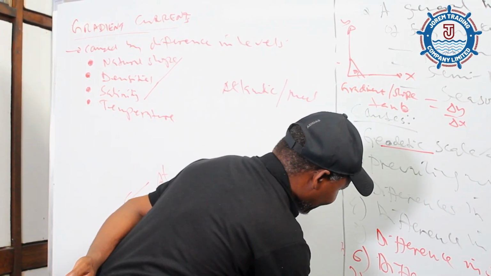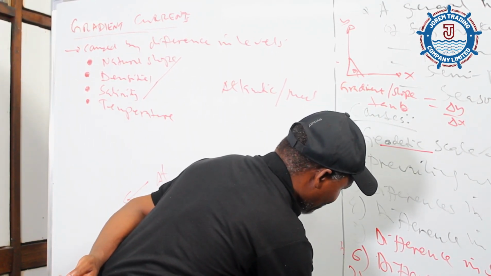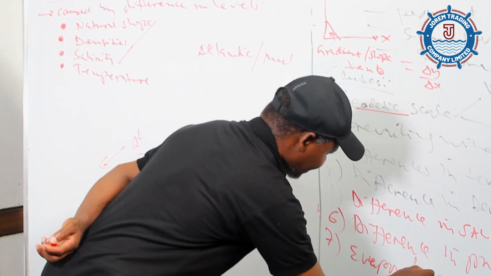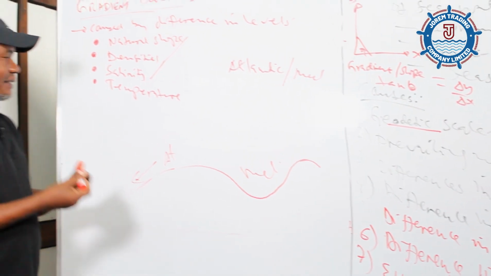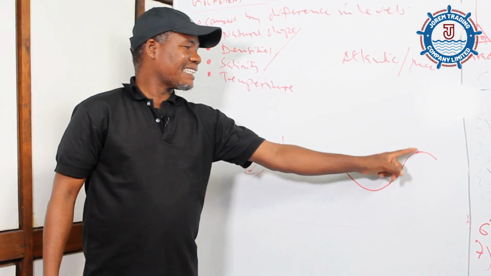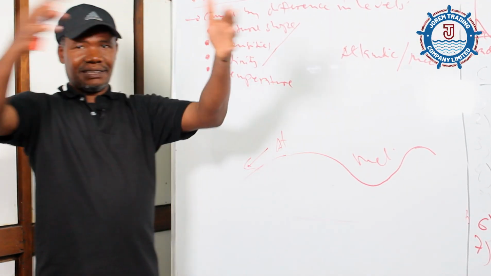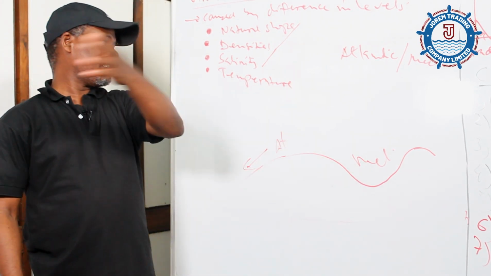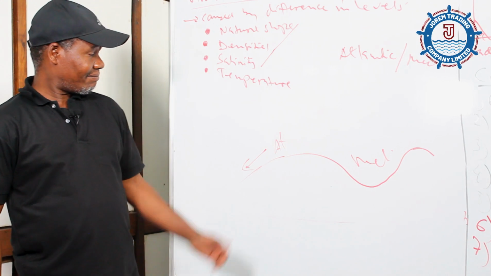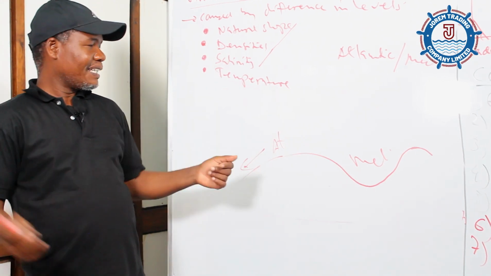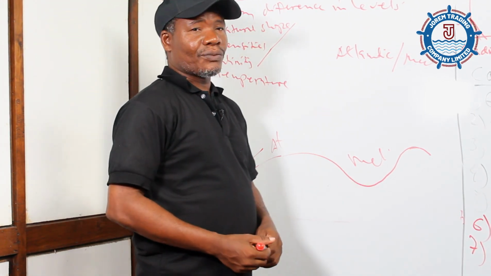evaporation rate. This Mediterranean Sea being landlocked, surrounded by the landmass all around, has a higher evaporation rate than the Atlantic, which is open. Higher evaporation rate causes what?